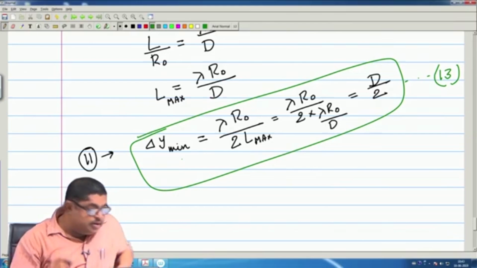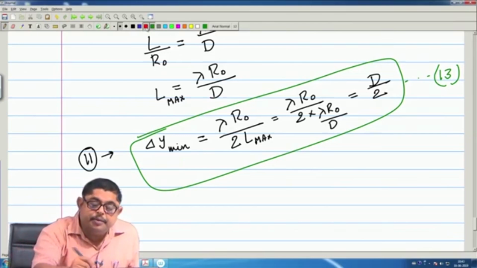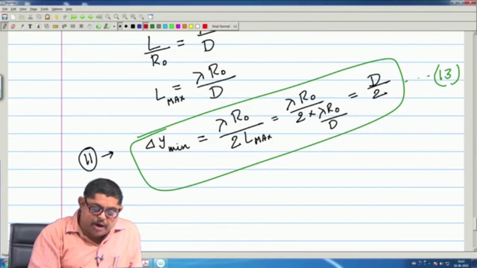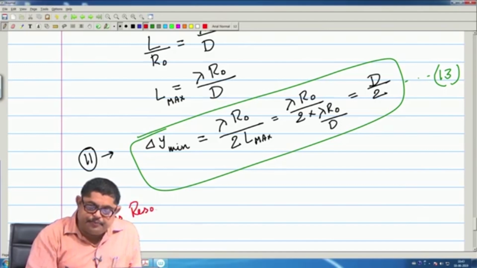That limit is this d by 2. Now, let us come to the point of the power versus resolution expression.